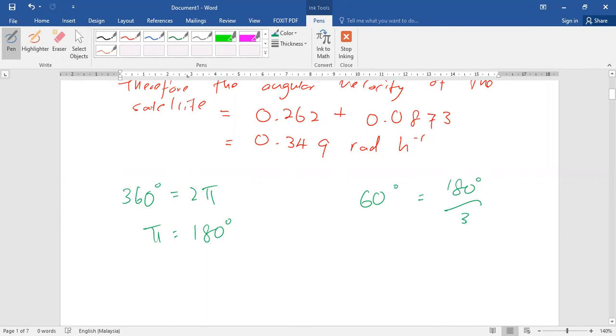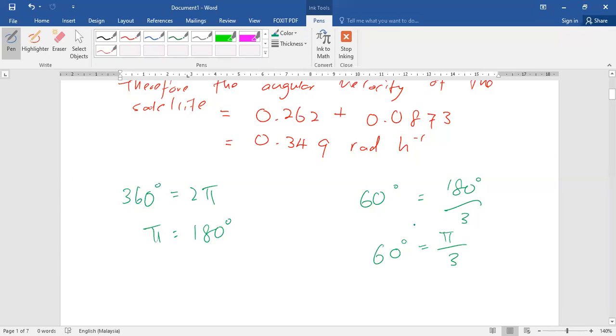Okay, so here 60 degrees will be equal to, let me see, pi over 3. Therefore, the angle should be pi over 3, not 2 pi over 6.